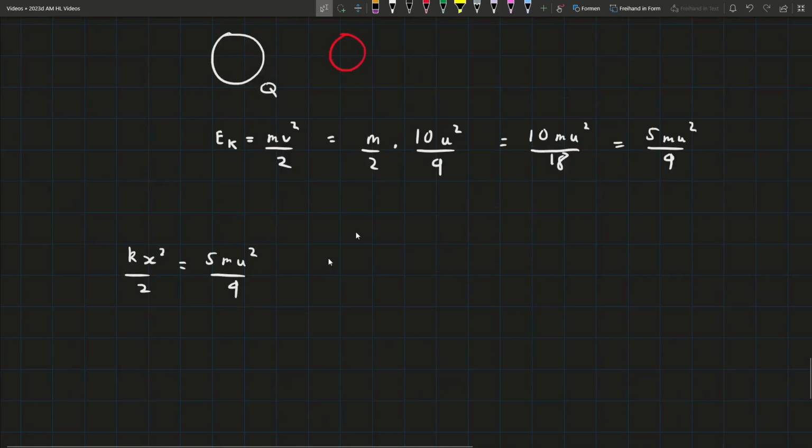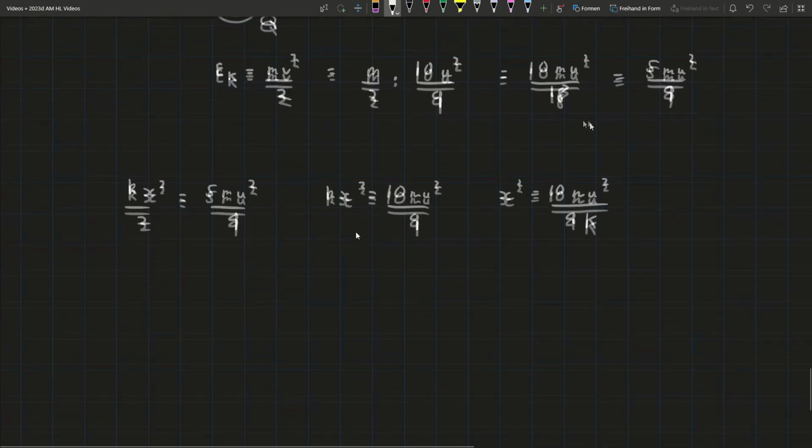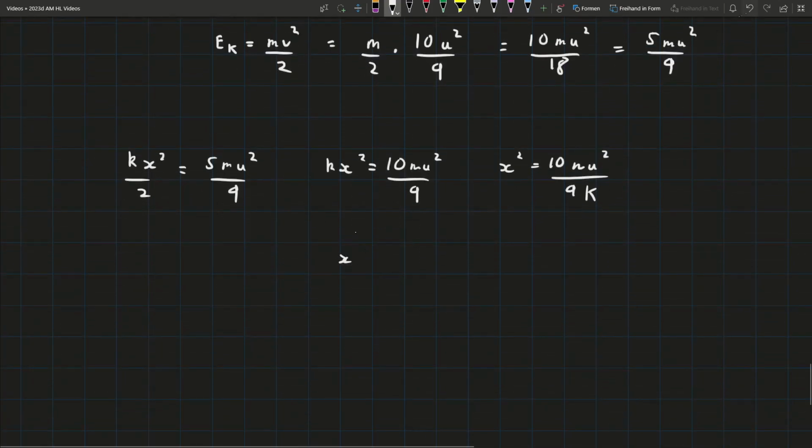We'll get that kx squared equals 10 mu squared over 9. So x squared is equal to 10 mu squared over 9k. Square root both sides, and since we're going right, it will be positive, x equals the square root of 10 mu squared over 9k.